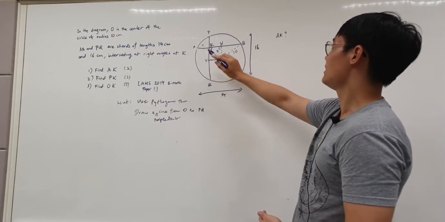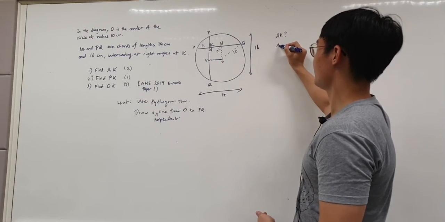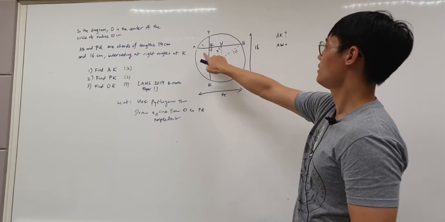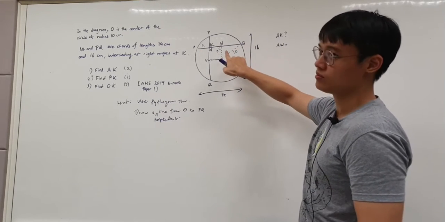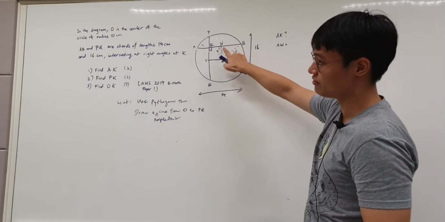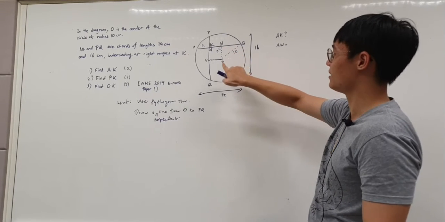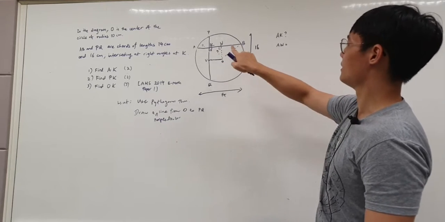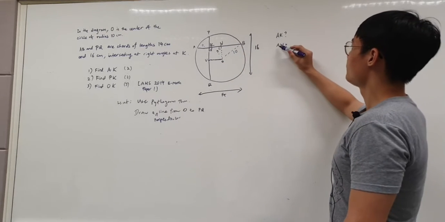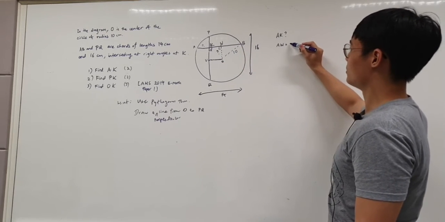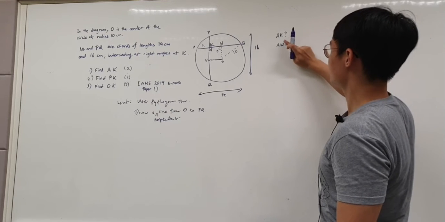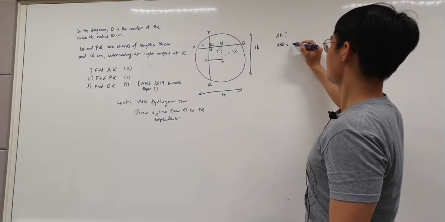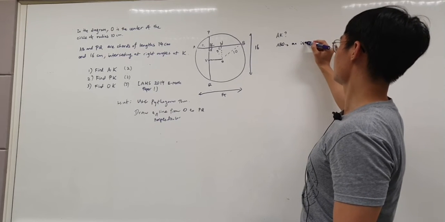So by drawing AB and finding W as the foot of the perpendicular line OW to AB, we can say ABO is an isosceles triangle.